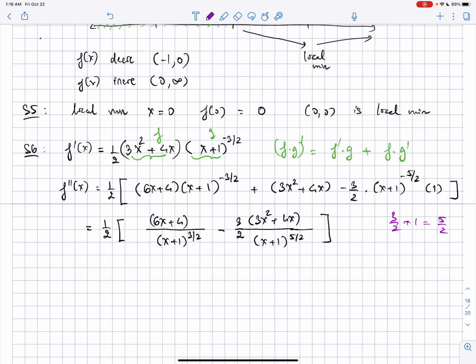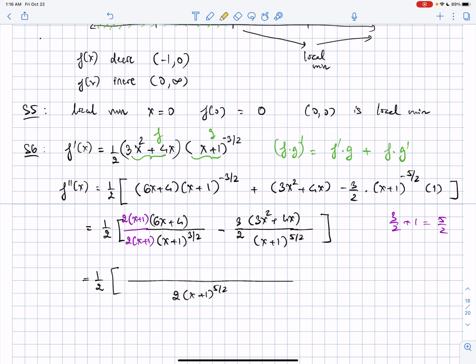So the LCD will be (x plus 1) to the 5 over 2.